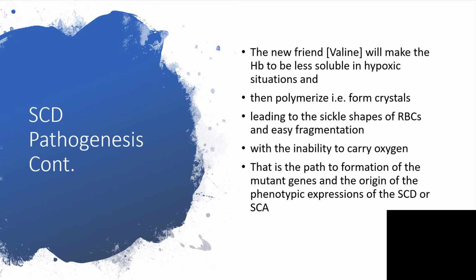And with that, there will be possibility of easy fragmentation. When there is the sickle cell shape and easy fragmentation, the ability to carry oxygen will become impaired. That is the path to formation of the mutant genes and the origin of the phenotypic expressions of sickle cell disease, or known as sickle cell anemia.